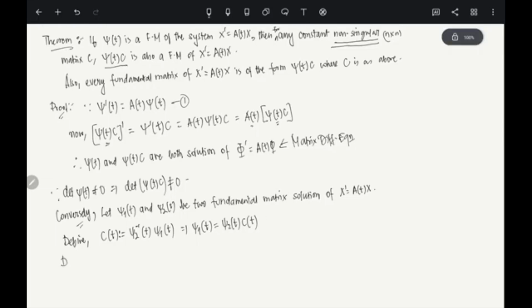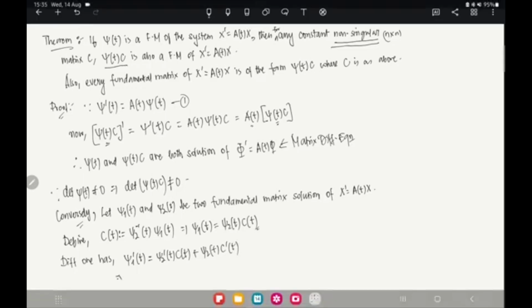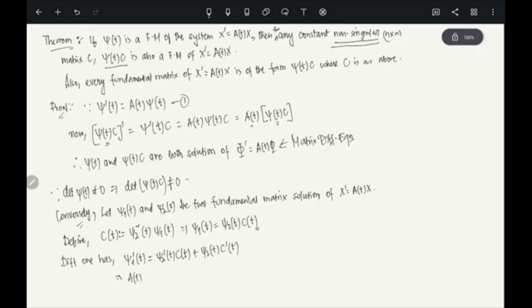Differentiating, I have phi 1 prime of t is nothing but phi 2 prime of t times C of t plus phi 2 of t times C prime of t.